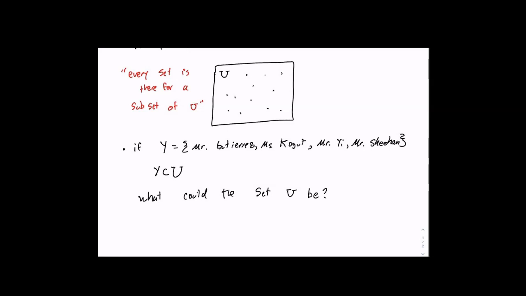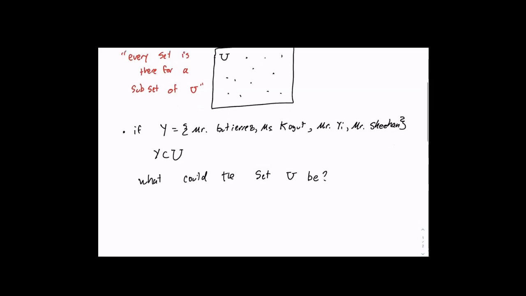I meant to put the capitalization. What would be the universal set we're probably looking at? So one of the subsets I have is Mr. Gutierrez, Ms. Kogut, Mr. Yi, Mr. Xian. What is the universal set, or what could be a universal set?